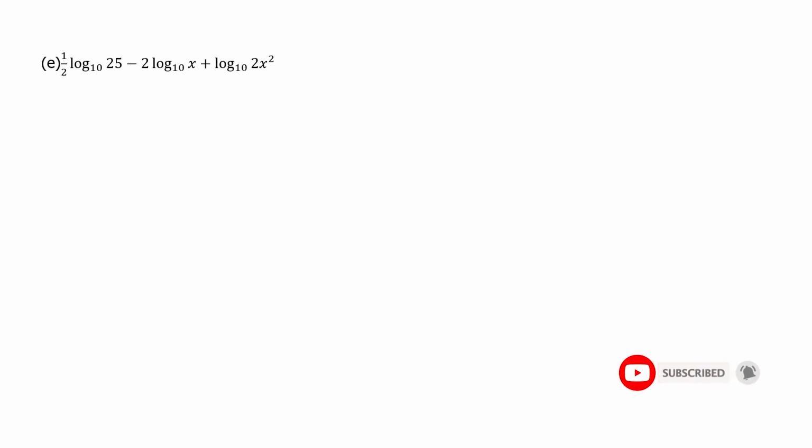Now even here the bases are the same, base 10, base 10, and base 10 there. So we are going to write the whole expression as a single log, that is taking now this power half back there, taking back this 2 as the power now of x there.